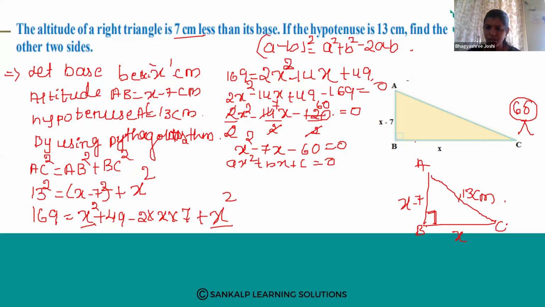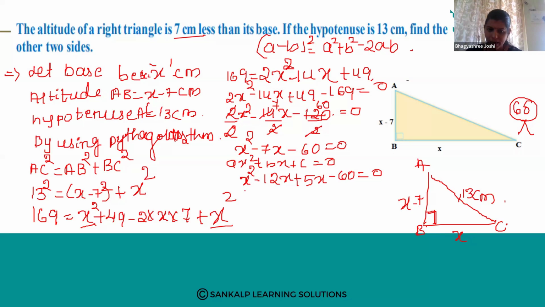Tell me which numbers I am going to choose here. That is x square. If I choose 12 5s are 60, 12 minus 5 is 7 and 12 5s are 60. Yes or no? Minus 12x plus 5x minus 60 is equal to 0. Yes or no, my dear children?